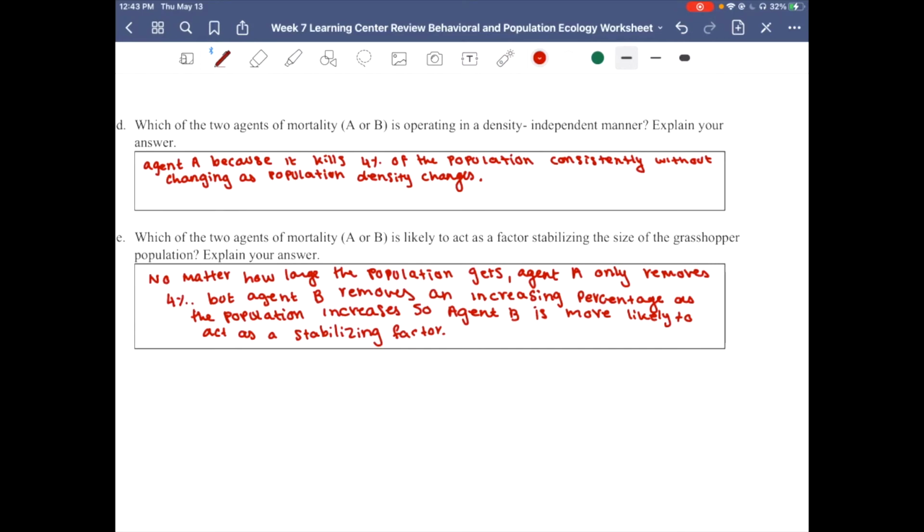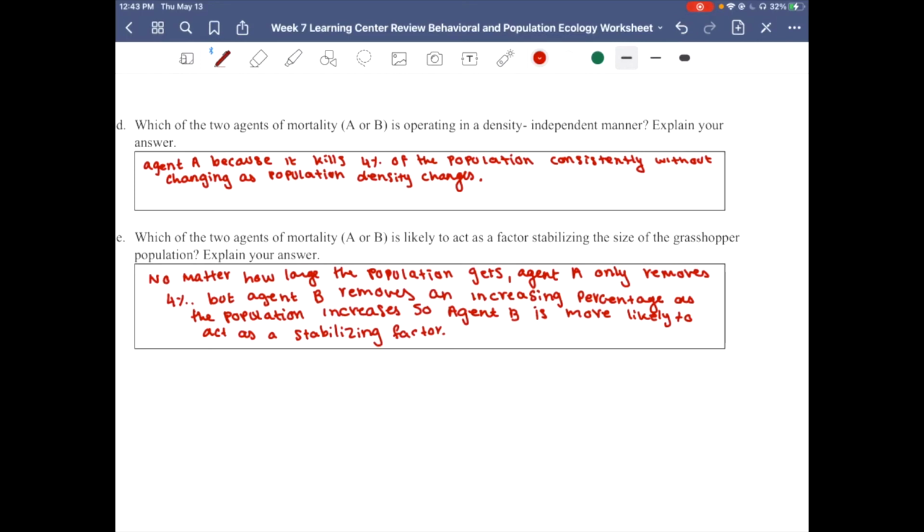And then it goes the other way. If a population is smaller, then B kills fewer. So it has a linear proportion to it, whereas A is just stable. It just doesn't care whether it's big or small. Whereas B kind of adjusts to whether it's big or small.